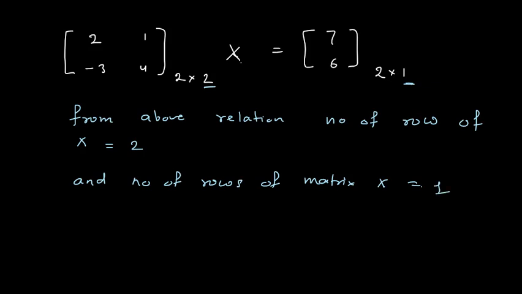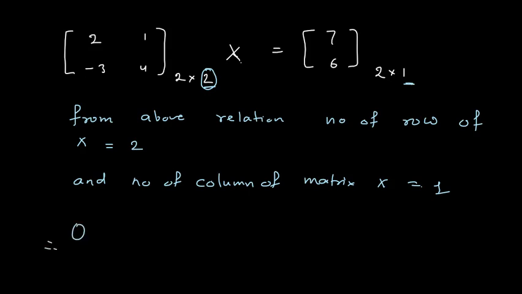When two matrices are multiplied, the column of the first matrix is equal to the row of the second matrix, and the column of the second matrix is equal to the column of this final matrix. So the number of columns of matrix x is 1.